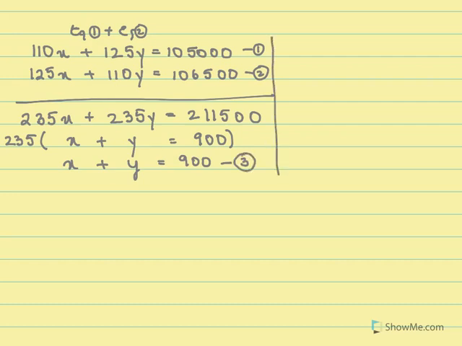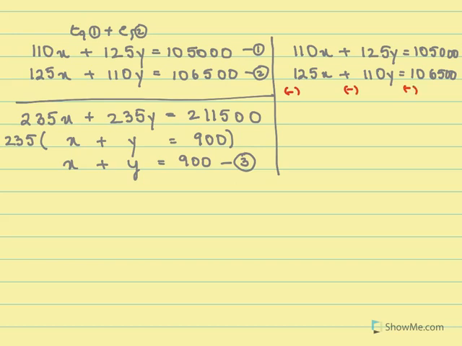Now I take the same two equations and I'm going to subtract them. 110x plus 125y equal to 105000, and here 125x plus 110y equal to 106500. Now if I'm going to subtract, I need to change my signs. In the first case I added, so here I subtracted. So I have equation 1 minus equation 2.